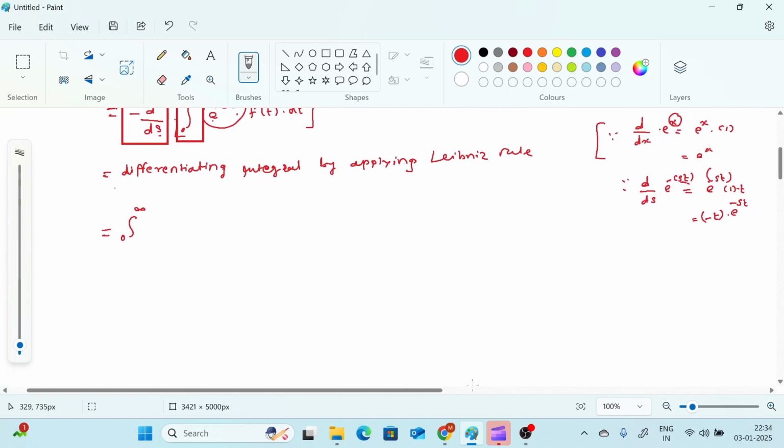So I will write e raised to minus st into minus t f of t dt. Next I will take minus t outside: 0 to infinity e raised to minus st f of t dt.